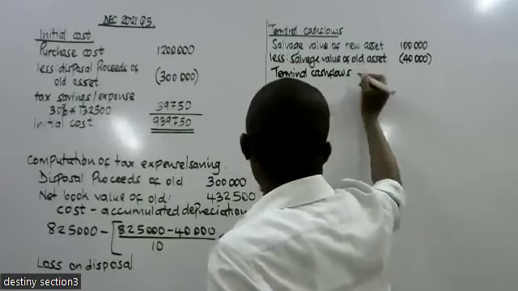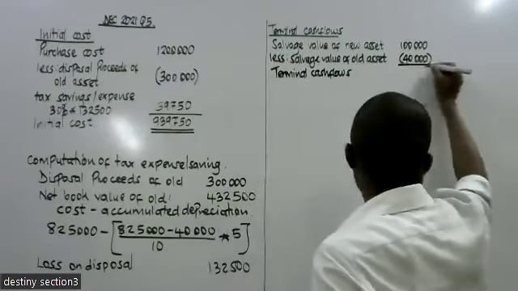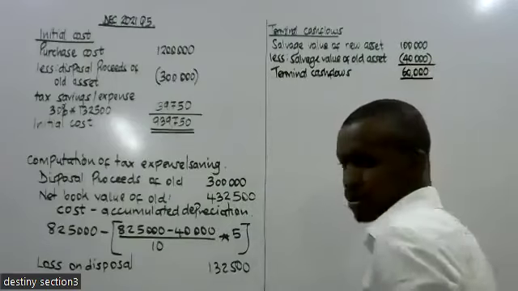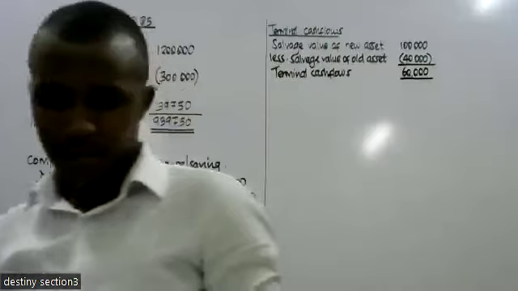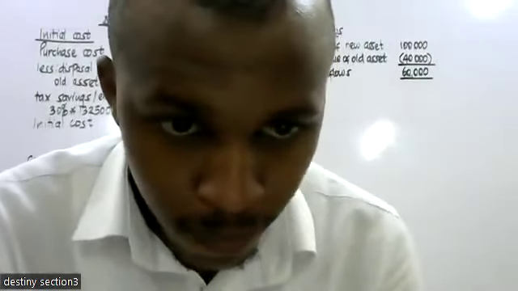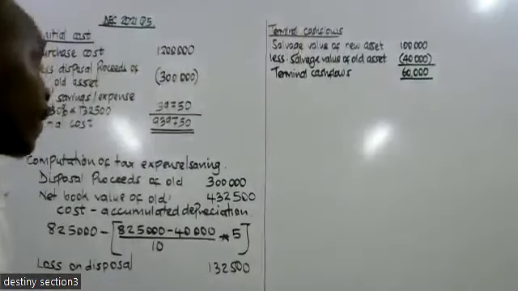Cash flows are coming up. You got 60,000. Yes. That is 60,000. Thank you. All right.